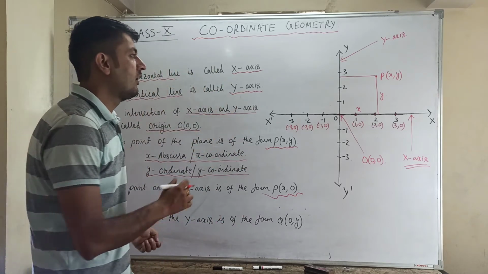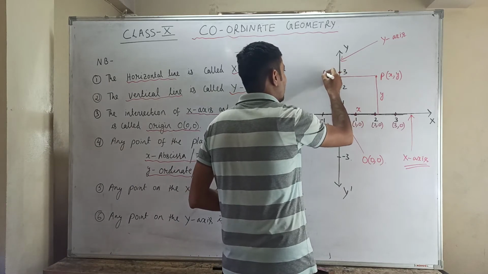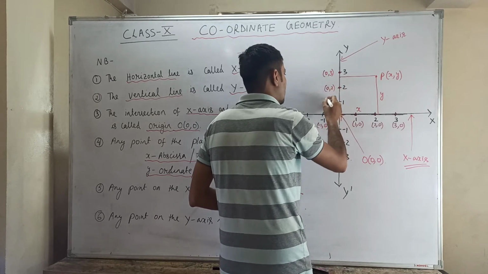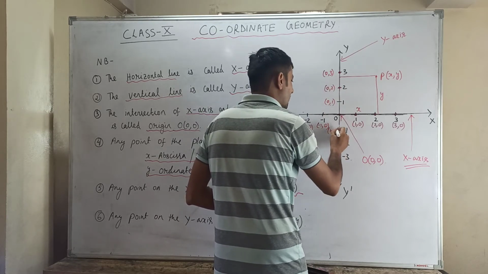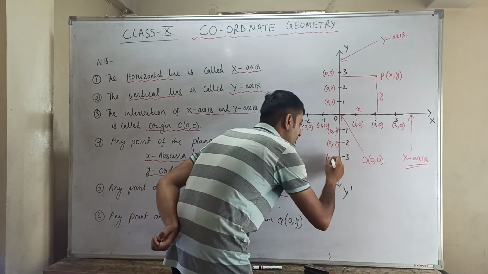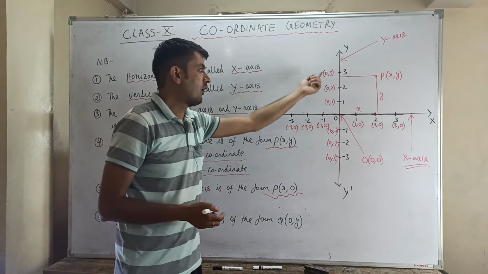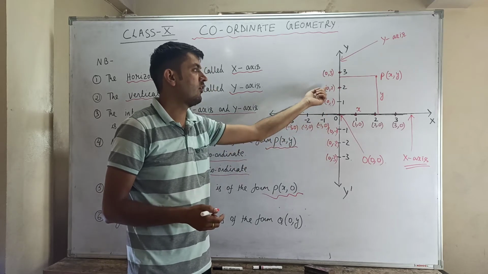Similarly, look at the points on the y-axis. This is (0, 3). This is (0, 2). This is (0, 1). This is (0, 0). This is (0, minus 1), (0, minus 2), (0, minus 3). So if you can see the points here, your x coordinate is 0, 0, 0, 0, 0, 0.